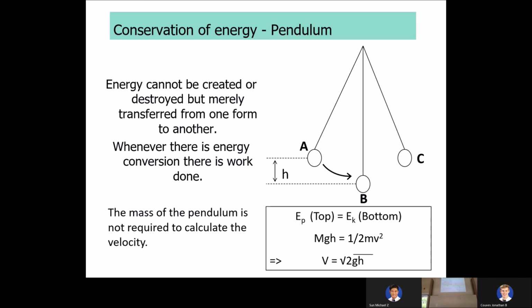Got a number? How many people get 24.25? 1, 2.